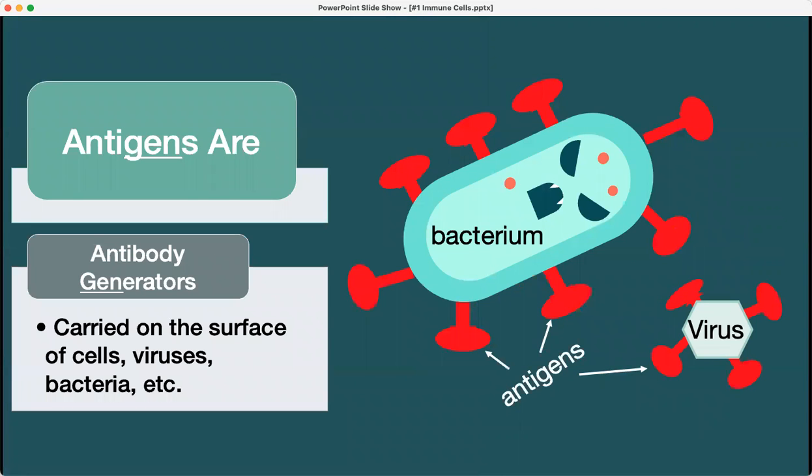So antigens are antibody generators. They're carried on the surface, bacteria, viruses. And when we get further in these presentations, we'll talk about how antigens can be on the surface of things that aren't pathogens.